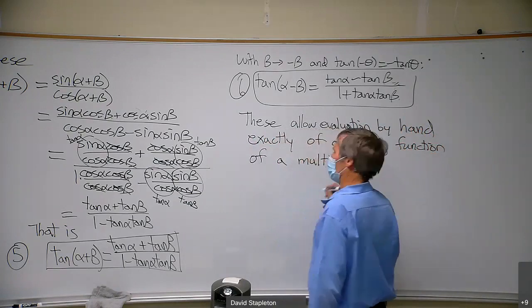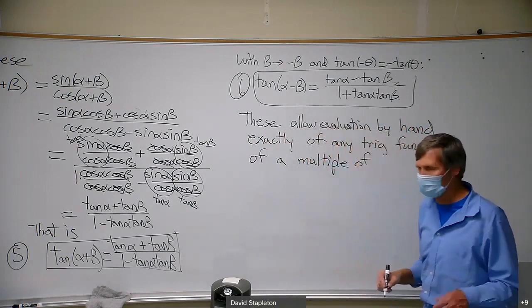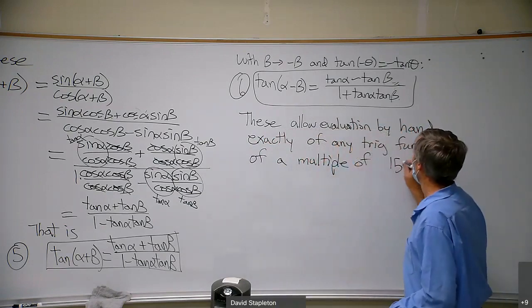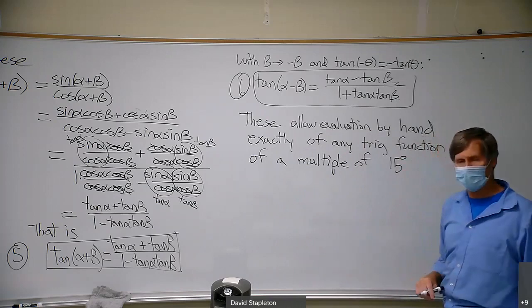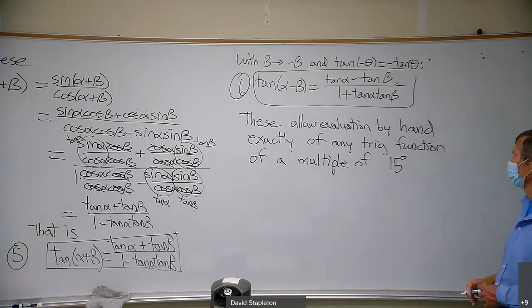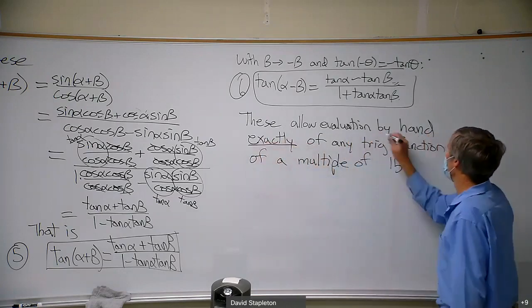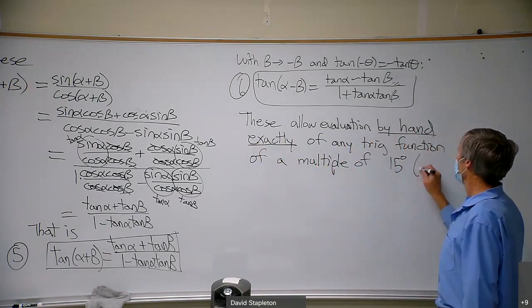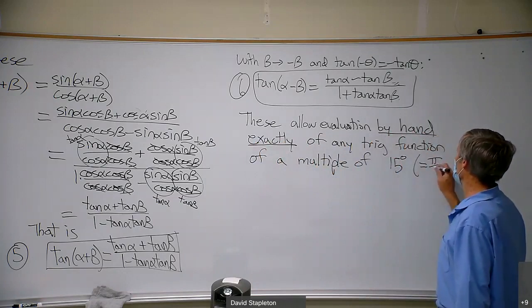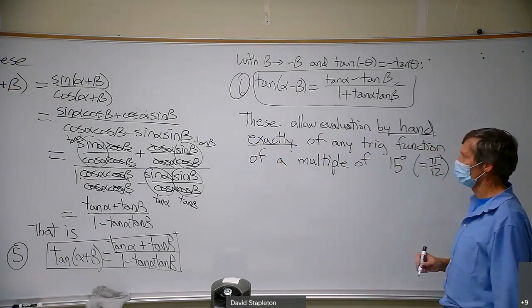So we've got some new angles in addition to special angles, which are multiples of 30 and 45. Any multiple of 15 degrees now, like 75 degrees or 105 degrees, I can now do exactly by hand. 15 degrees is pi over 12 radians. So we multiply pi over 12 radians.